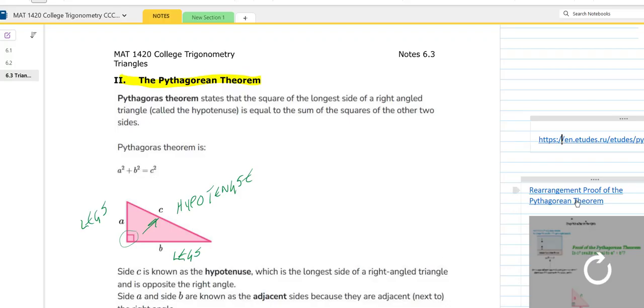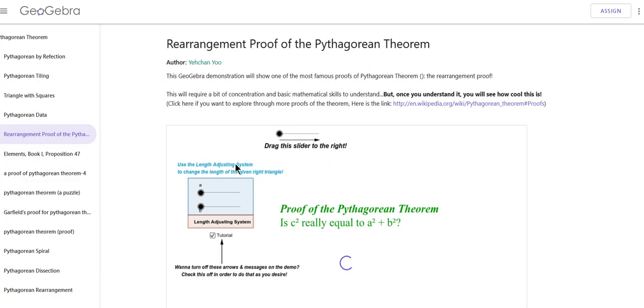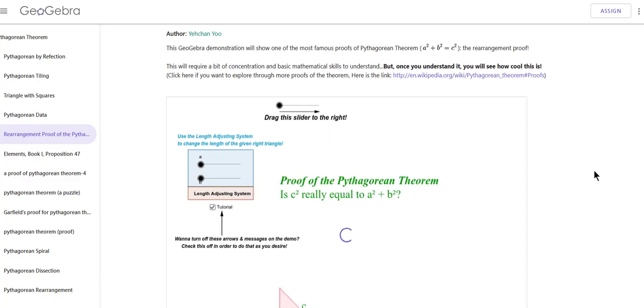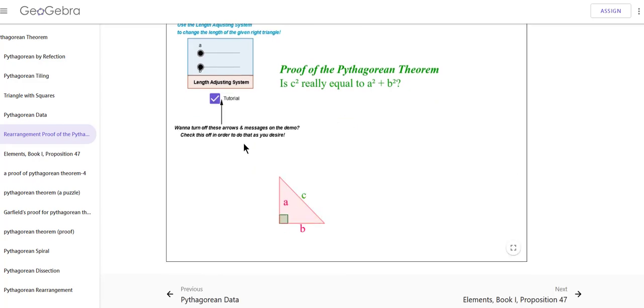A couple other things. Let's see, with this one, I think I had a little rearrangement proof here that's worth showing. Here's a right triangle right here, and I can slide these things a little bit here.